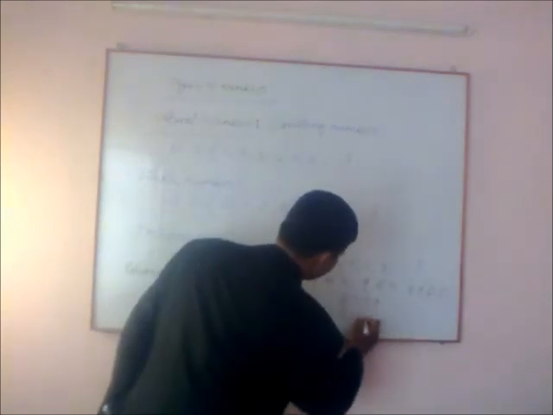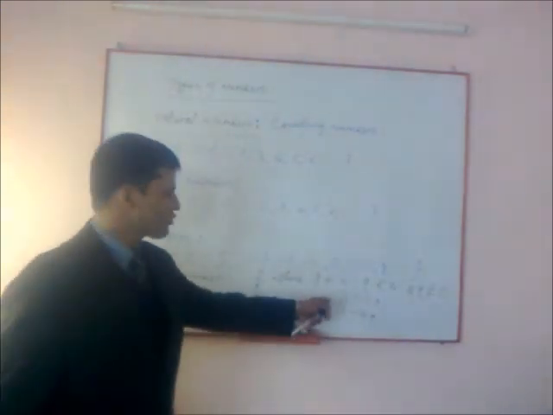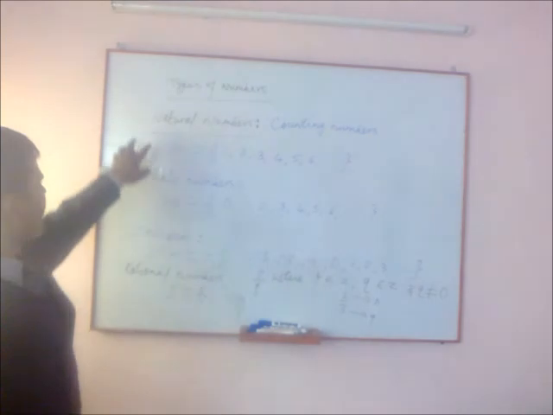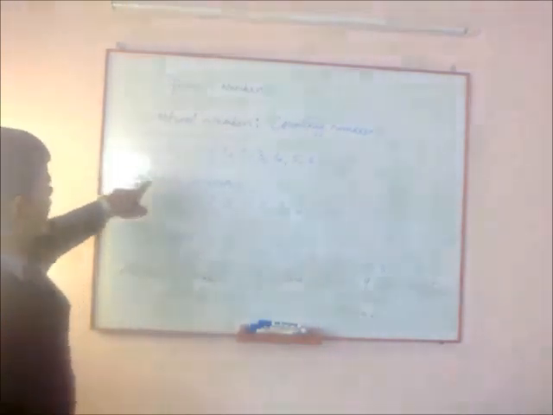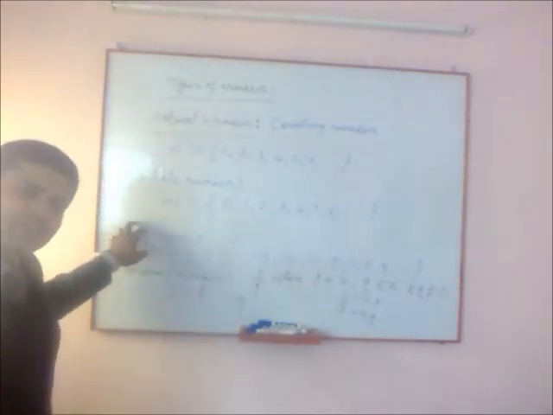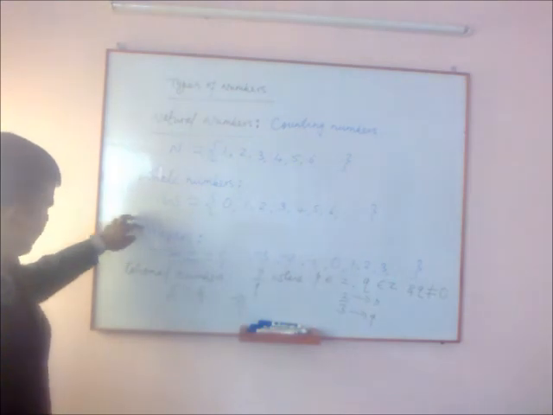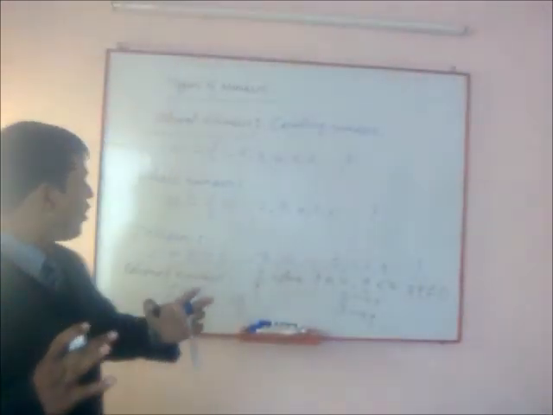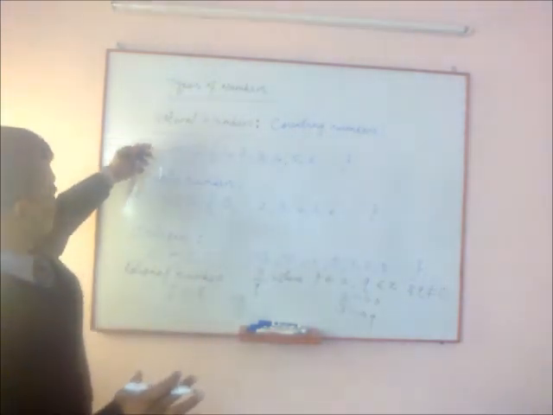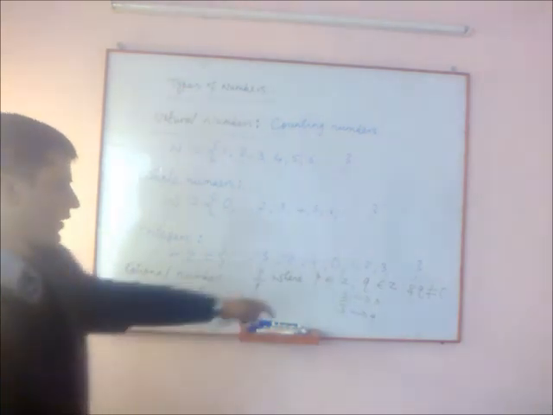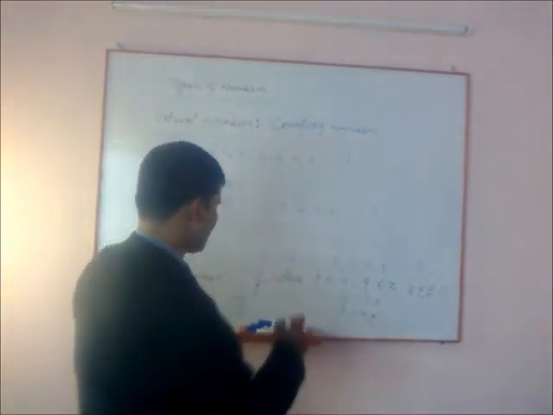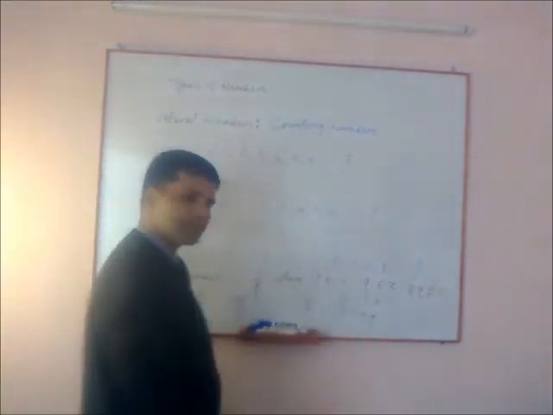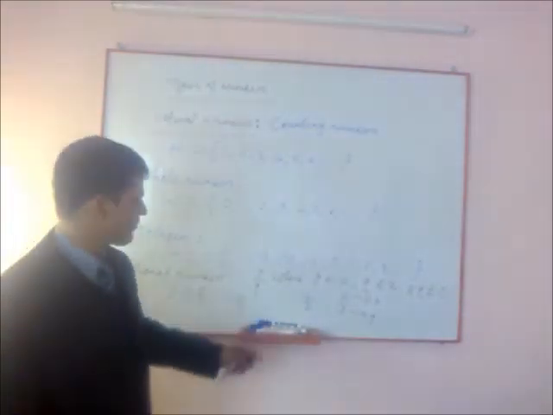This is p, this is q. But this 2 by 3 is neither of these: natural number, whole number, integer. So rational numbers include all the natural numbers, whole numbers, and integers, and more numbers like this: 2 by 3, 1 by 8, and so on.